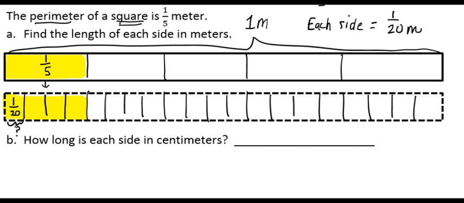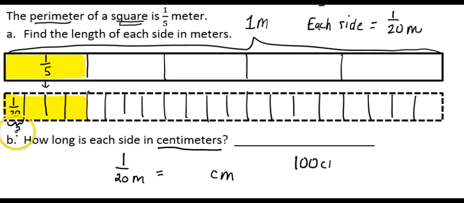Now question B says, how long is each side in centimeters? So we know each side is 1/20th of a meter, but we have to figure out how long that is in centimeters. Well, let's see what we know about a meter. A meter is 100 centimeters. So I need to figure out what 1/20th of 100 is.